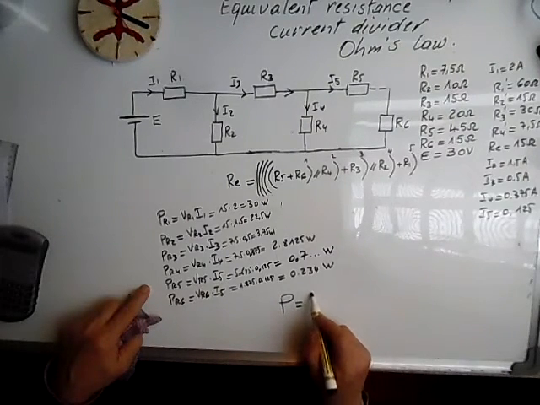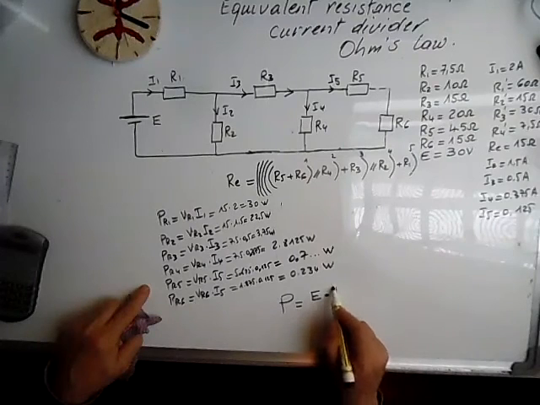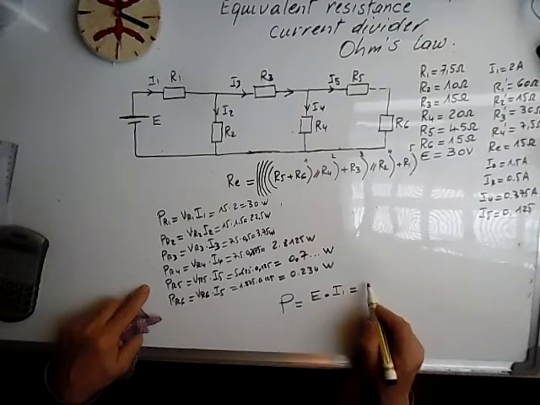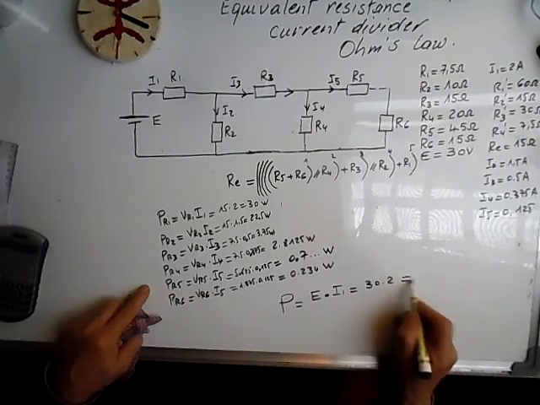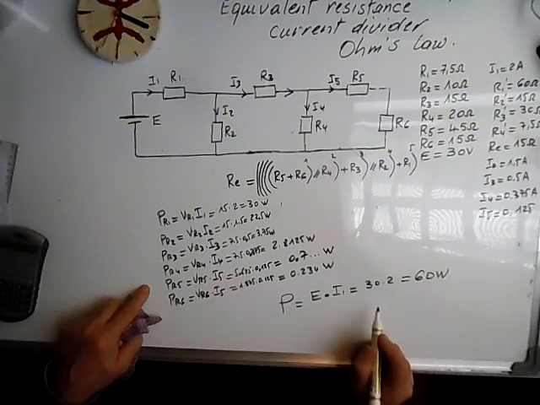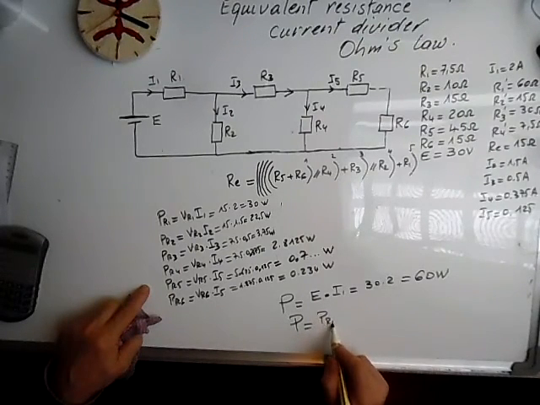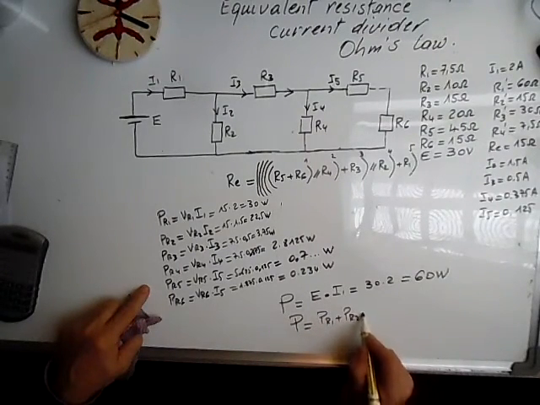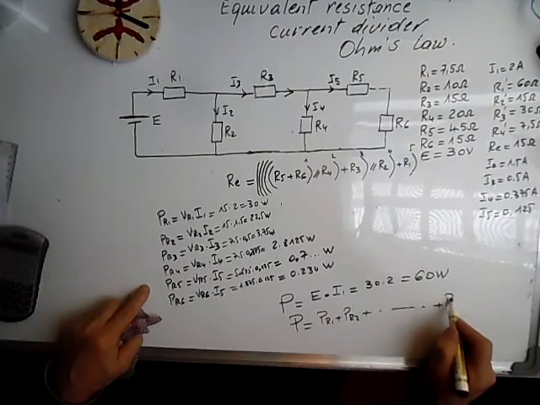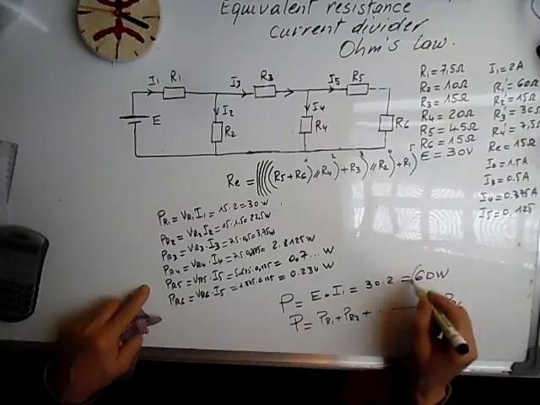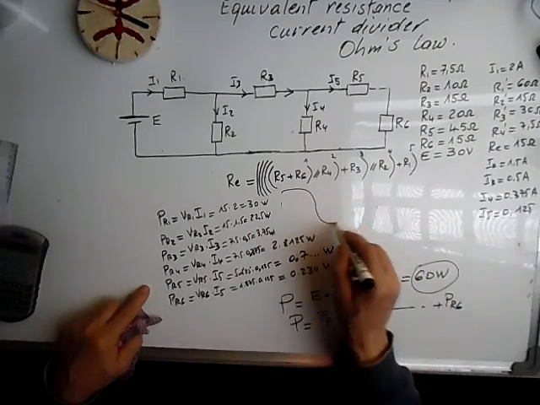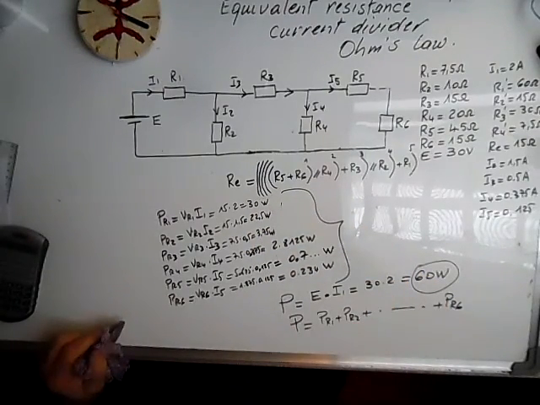Total P is equal to E times I1, and this is 30 times 2, and this is 60 watts. And remember that total P is equal to PR1 plus PR2 plus up to PR6. This should be equal to the sum of these six powers dissipated in all the resistors. And thank you very much.